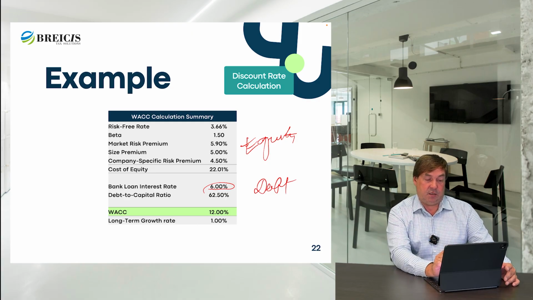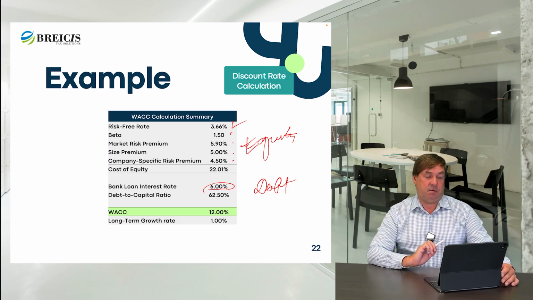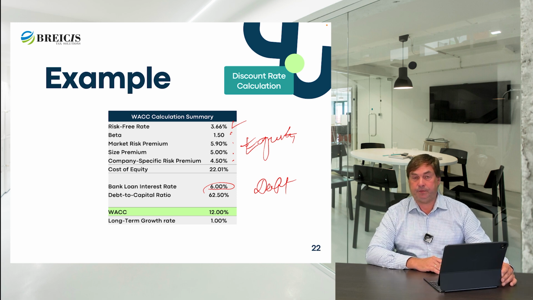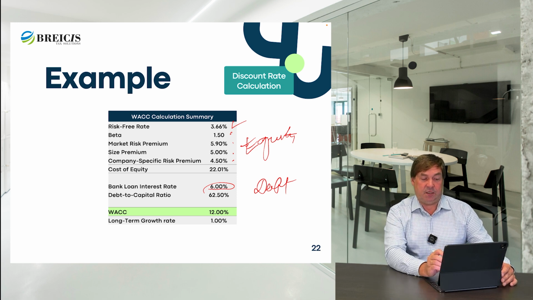Regarding equity capital, the calculation starts with the risk-free rate, which is then adjusted by beta and other risk factors. Depending on the evaluator, the methodology could vary, but the idea is that the cost of equity and the cost of loan are established, and then based on the debt to equity ratio, the average cost of capital is calculated, which in this case is 12%.